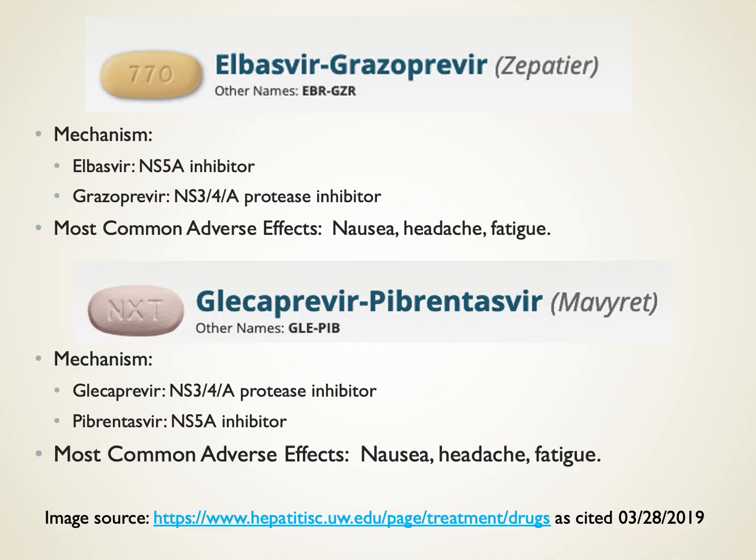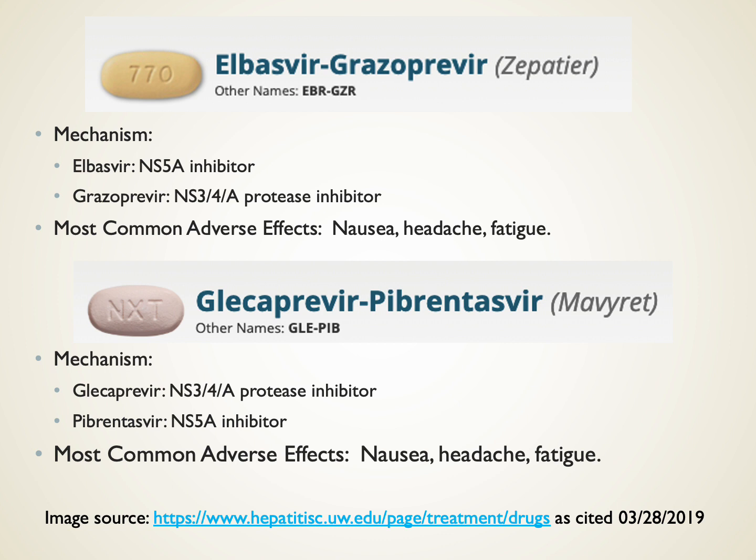So one of the four is Zepatier, which is a combination of an NS5A inhibitor and an NS3/4A protease inhibitor. By using two different mechanisms again, this combination is pretty well tolerated. In fact, all four first-line agents are pretty well tolerated for most patients.